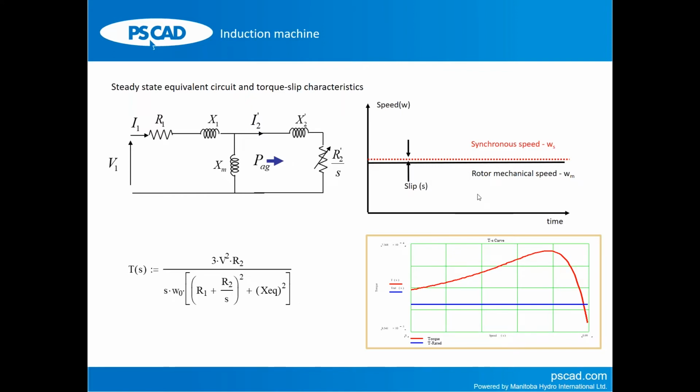When you excite phases A, B, and C with sinusoidal balanced currents, a magnetic field will be created, and this magnetic field will rotate at a constant speed. And that is called the synchronous speed. Synchronous machines rotate exactly at the synchronous speed in steady state, whereas induction machines must operate with a slip, a small speed deviation.